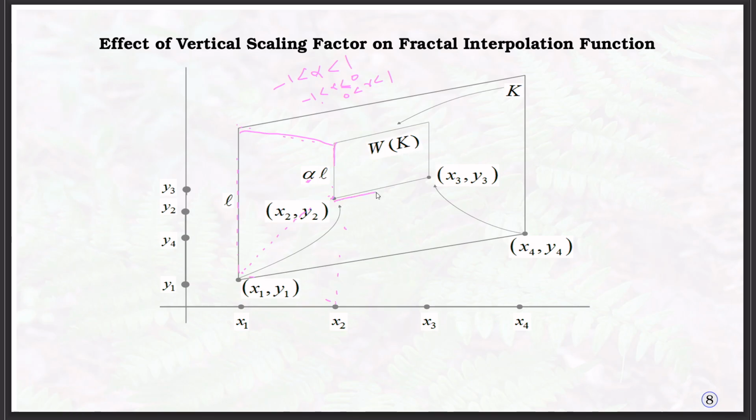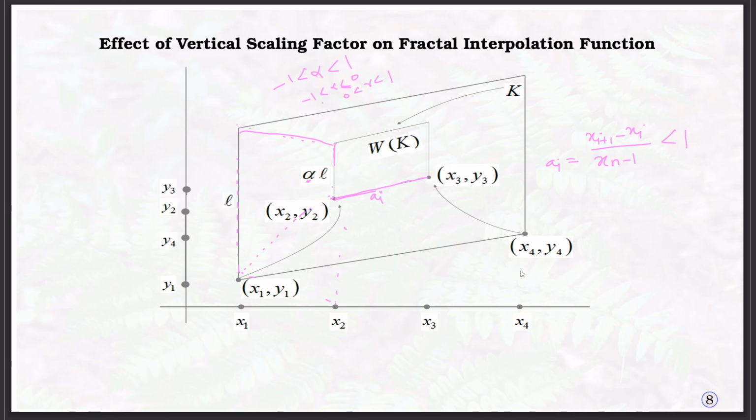This y direction is explained through alpha. Here this direction shrinks with respect to the alpha i value, because we take it in each subinterval, xi plus 1 minus xi by xn minus x1, which is less than 1.